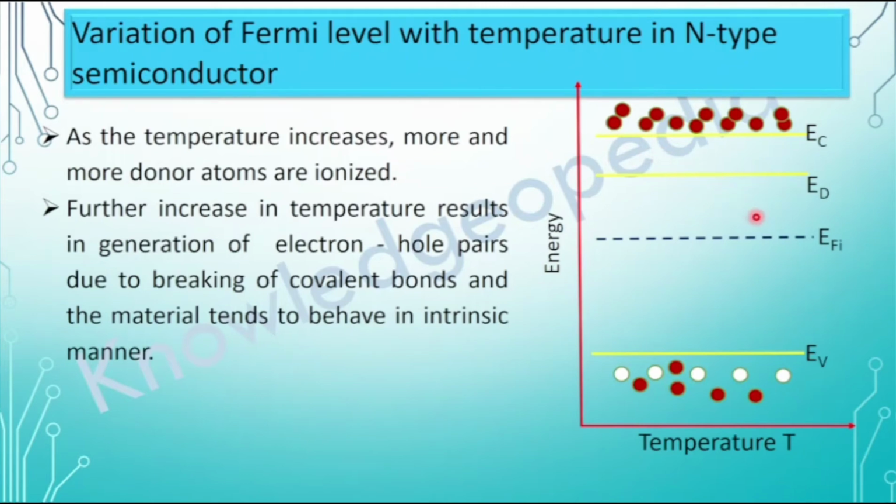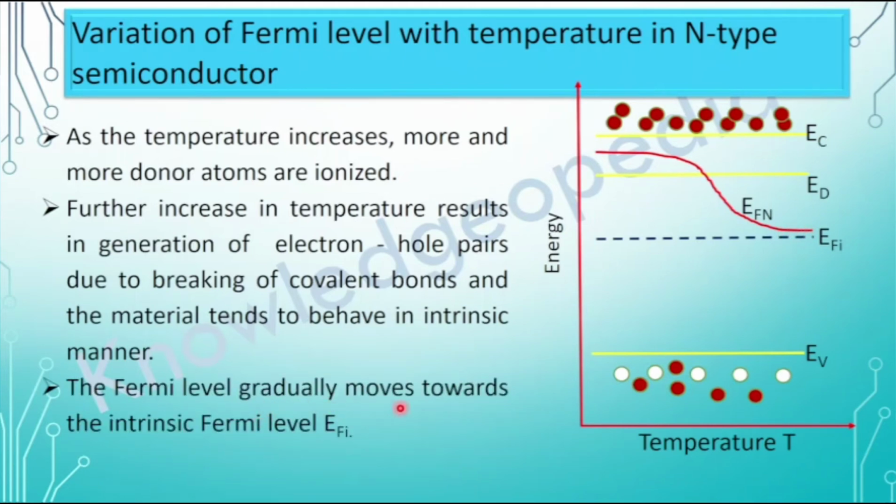That means the Fermi energy will merge with the Fermi energy of an intrinsic semiconductor. So this is the position of the Fermi level of an N-type semiconductor with variation of temperature. At higher temperature, slowly it will come down and merge with the intrinsic Fermi energy. The Fermi energy gradually moves towards the intrinsic Fermi level EFI.